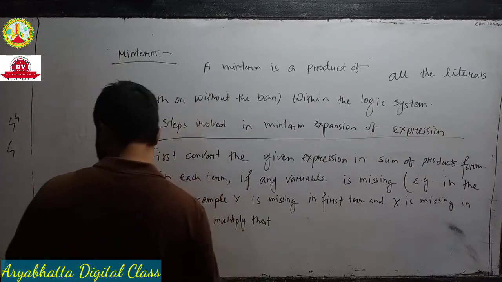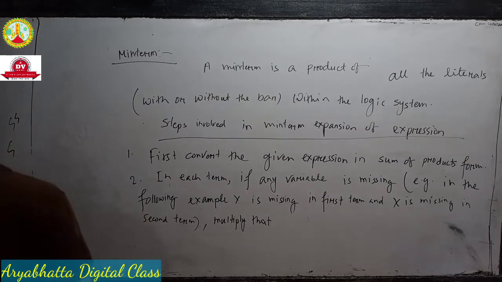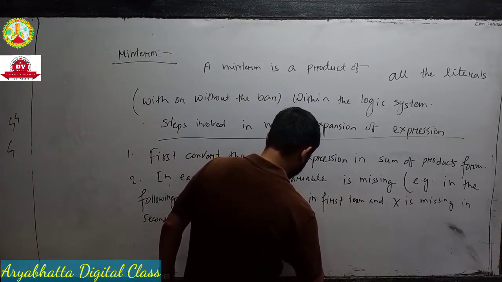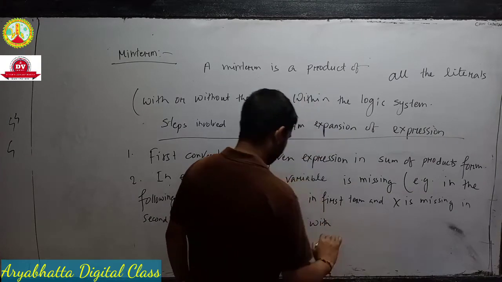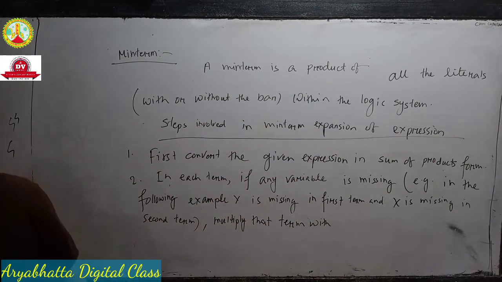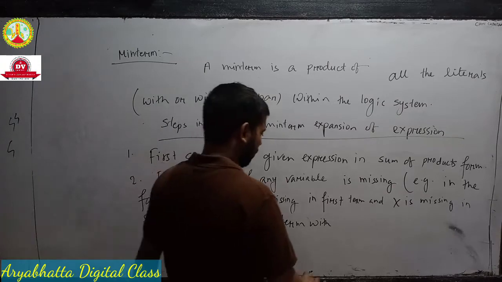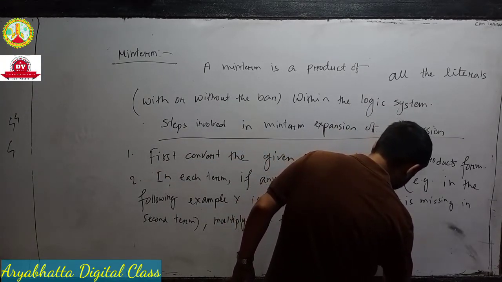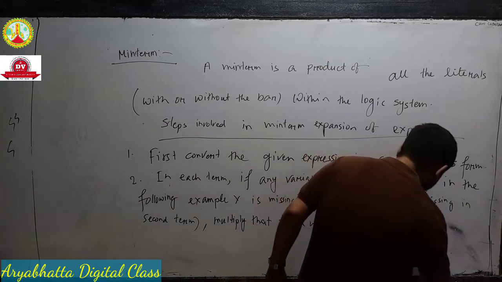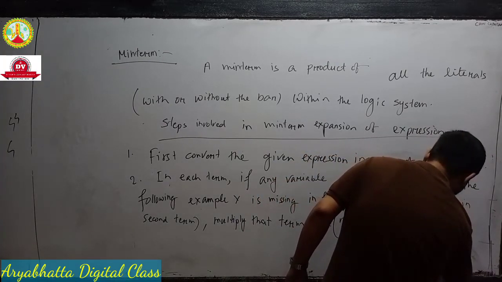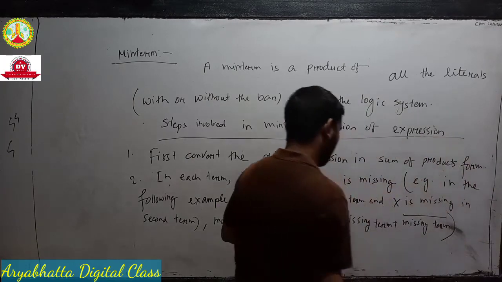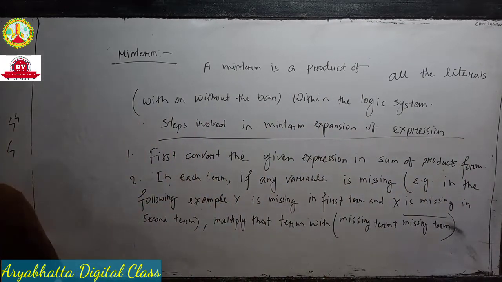Multiply that term with the missing term or the complement of the missing term factor.